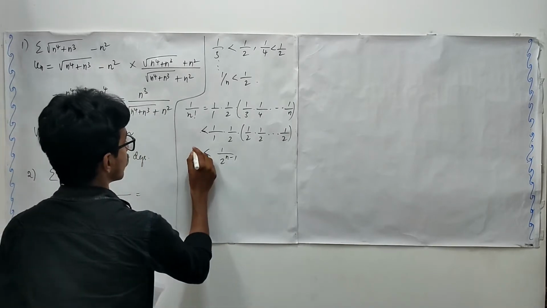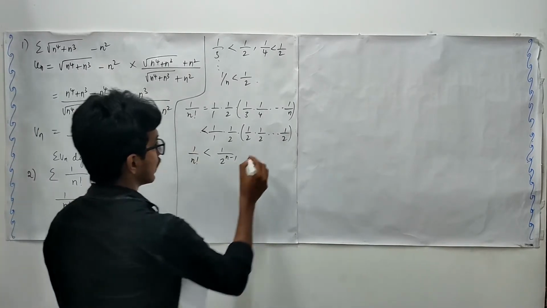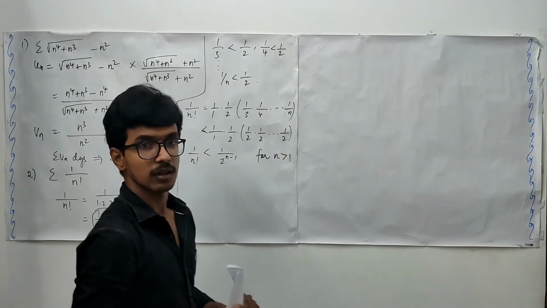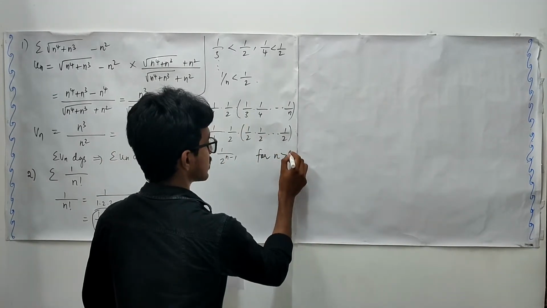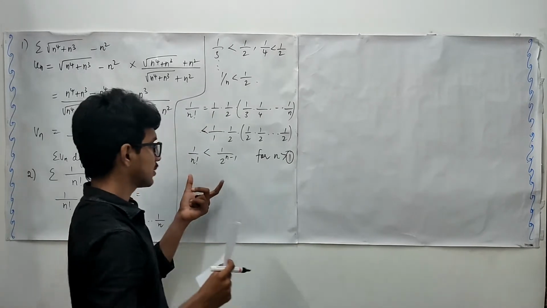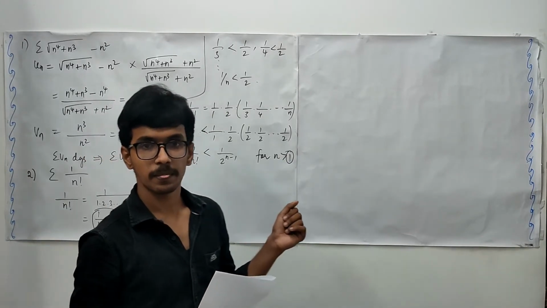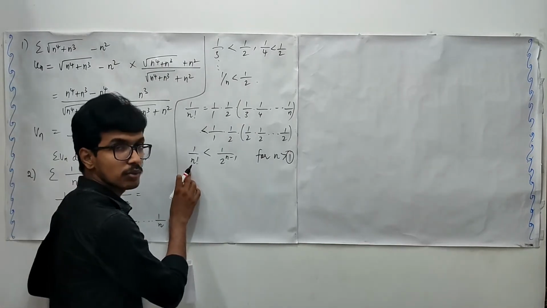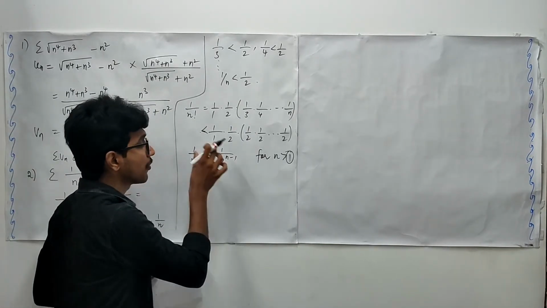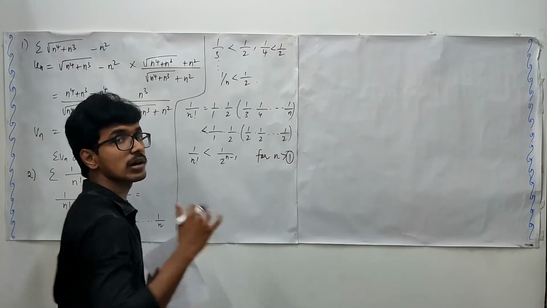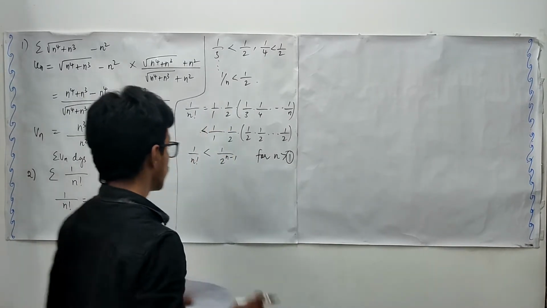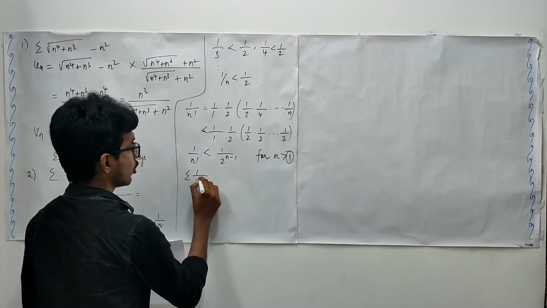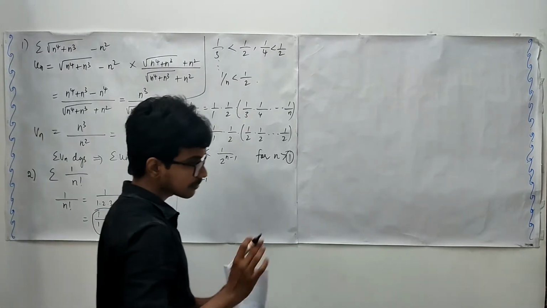This is true for n bigger than 1. You have identified some stage after which the comparison is possible. Here we need to check the convergence of the smaller one. If the bigger one is convergent, the smaller one is also convergent. Now let us check the convergence of 1 upon 2 power n minus 1.